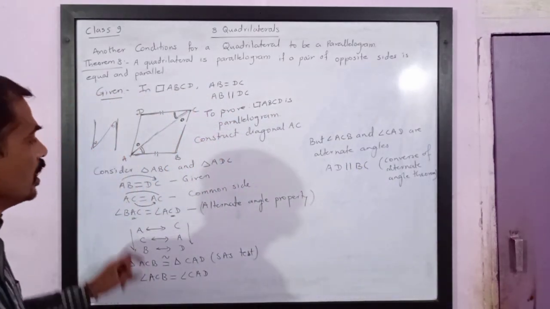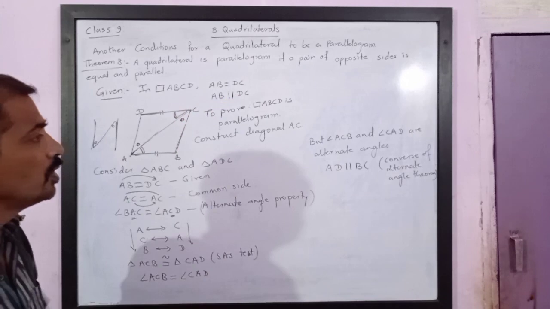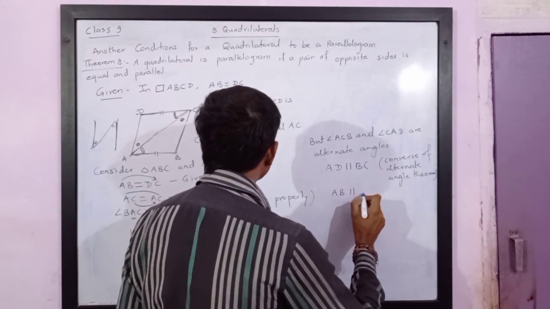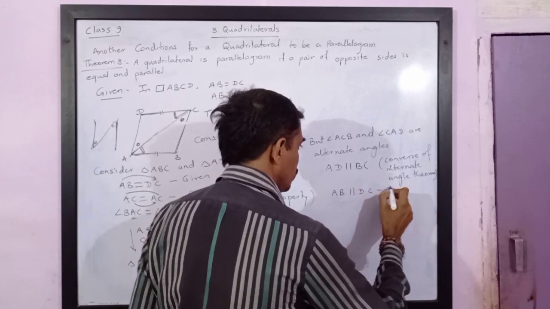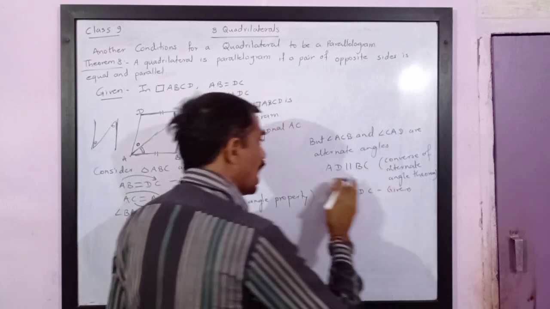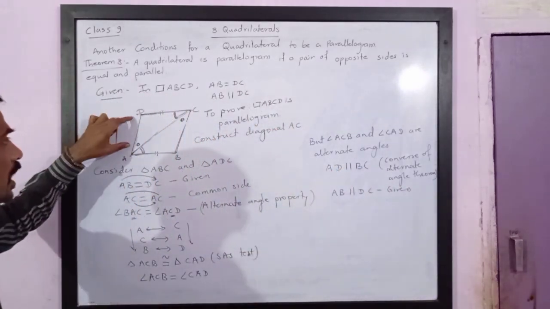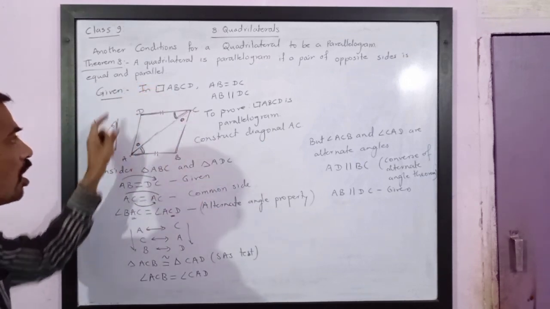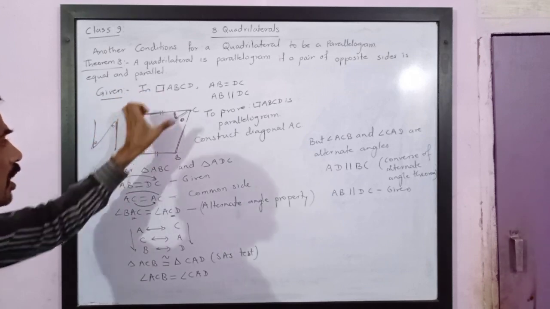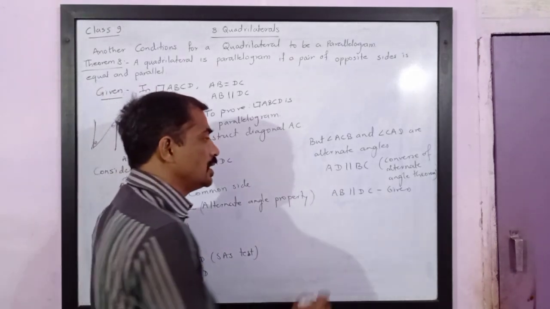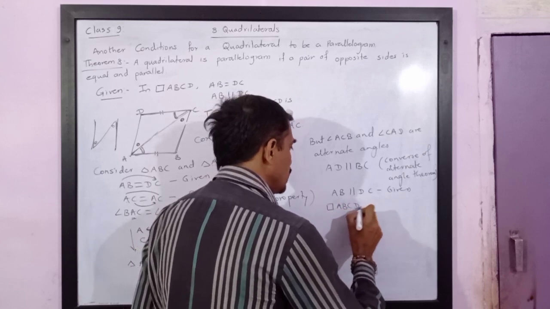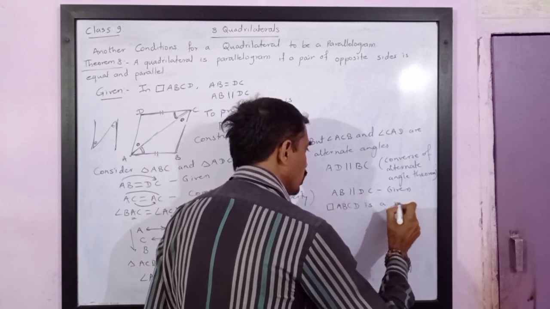Now watch carefully. AB is parallel to DC. This is given to us. And AD is parallel to BC. It means both pairs of opposite sides are parallel. Hence, quadrilateral ABCD is a parallelogram.